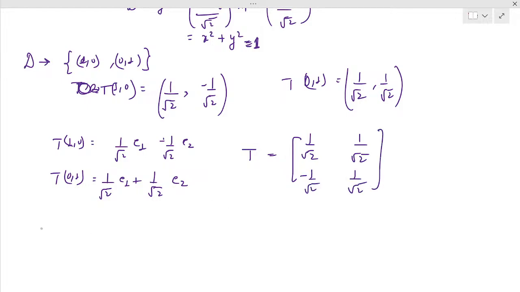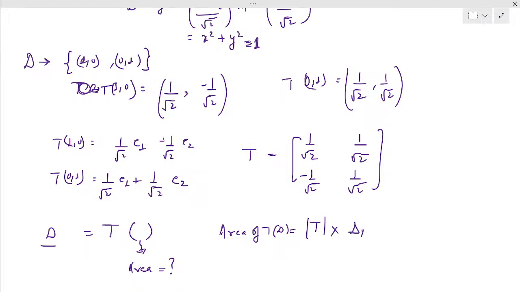Okay, so always remember, here it is D, and it is related with the transformation T. If I want to find the area, always remember the area of TD is equal to this determinant times the area of D. Remember, the area of D was simply pi.